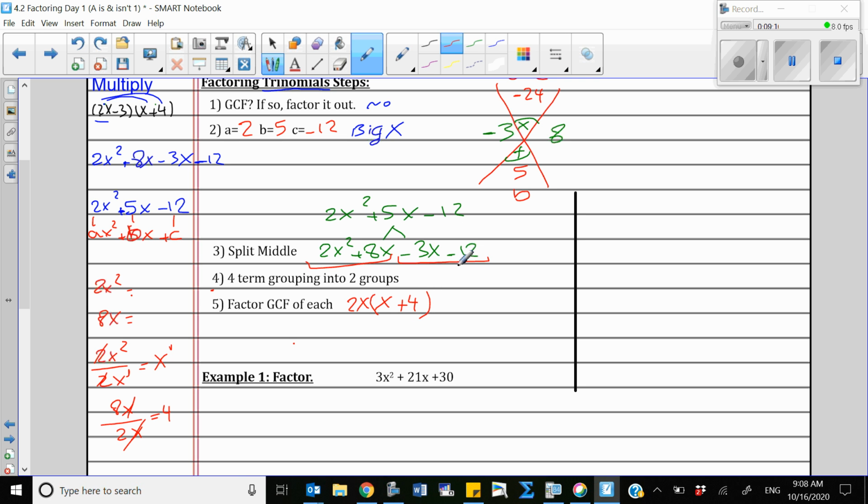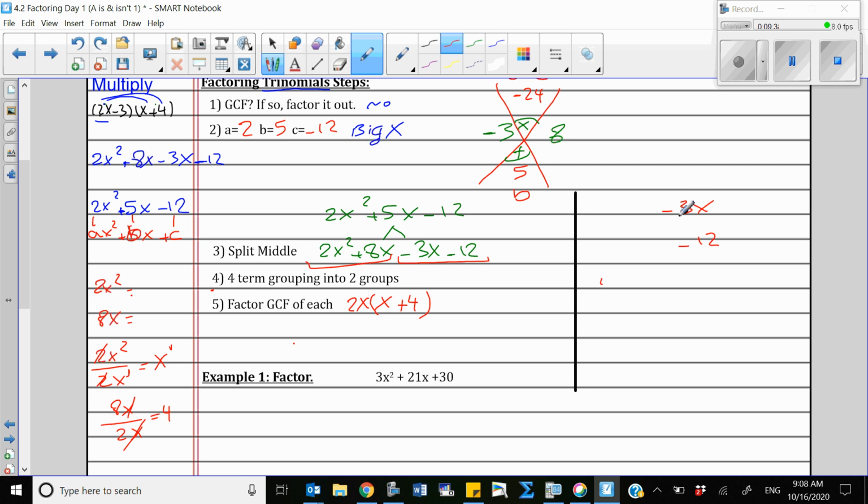Now let's factor the second group. Between negative 3x and negative 12, what is in common between them? Well, since this one doesn't have any x, I'm just going to ignore the letter part of the term, and just pay attention to the coefficients, 3 and 12. What is in common between them?